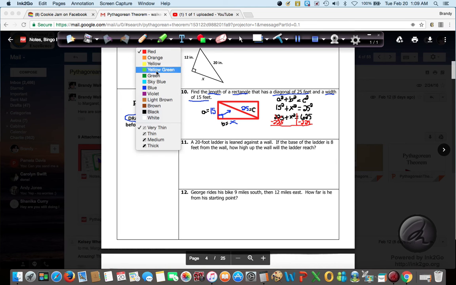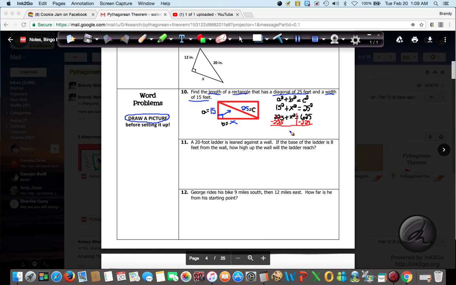And we are left with x squared. Well, let's not make it that big yet because we do have one more step below it. Equals 625 minus 225 is a good old 400.